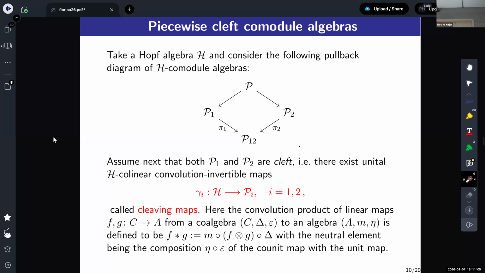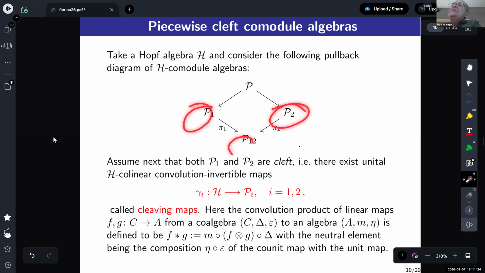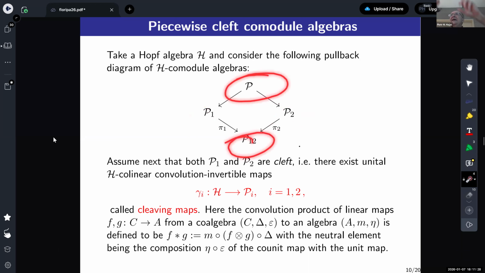Because remember, strong connections can be used to compute explicitly these idempotents, okay? And here we are doing it before taking the cotensor product with the co-representation. When I do the cotensor product with the co-representation, here I get a free module, here I have a free module, here I have a free module, here I have a projective module. And after, when I have this explicitly given co-representation, I will land in the Milnor picture.